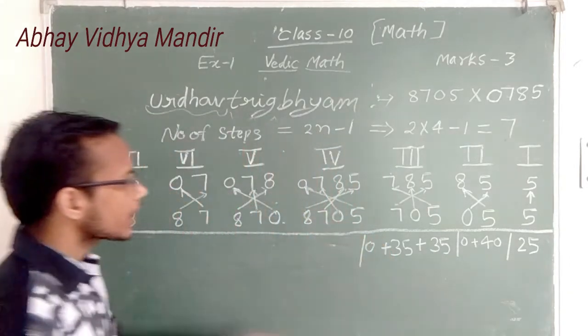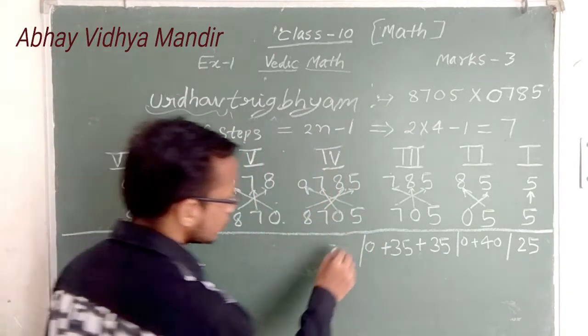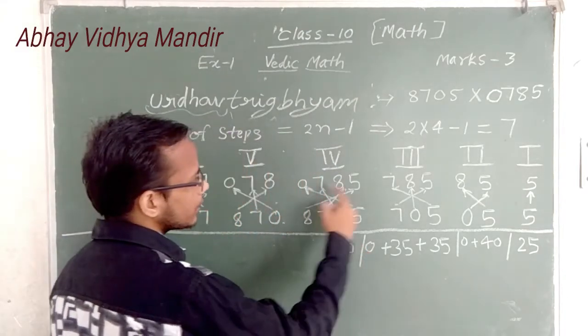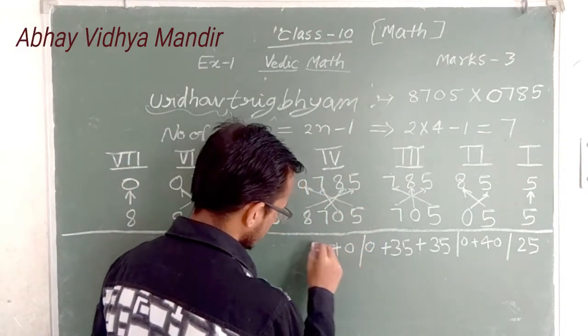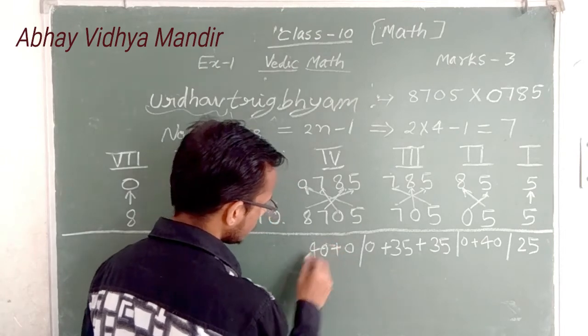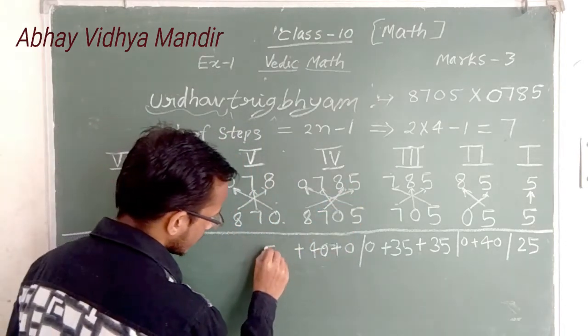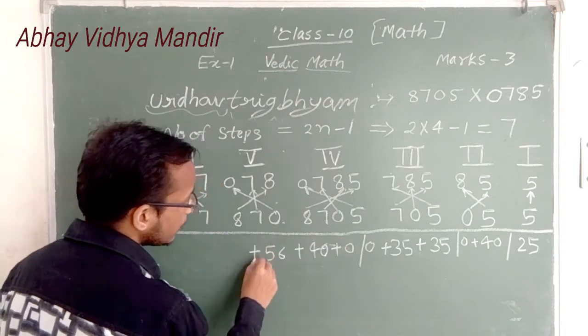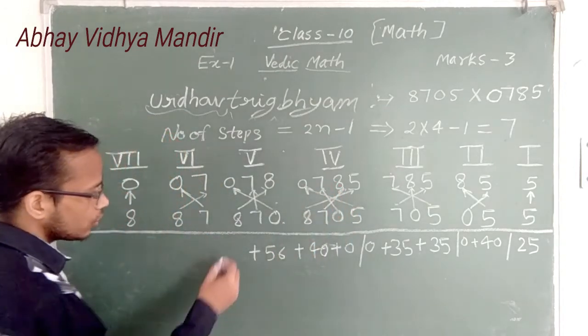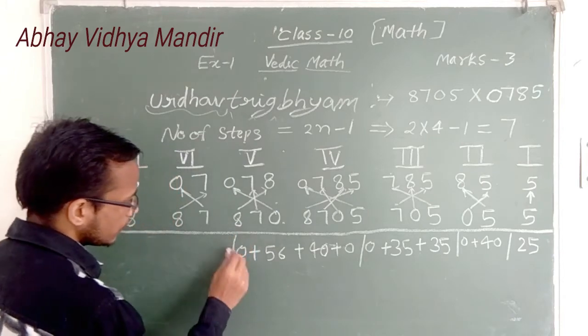Oblique: 5 times 0, 0; 8 times 5, 40; 7 times 8, 56; and 7 times 0, 0.